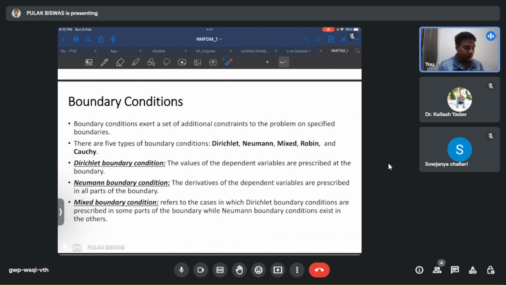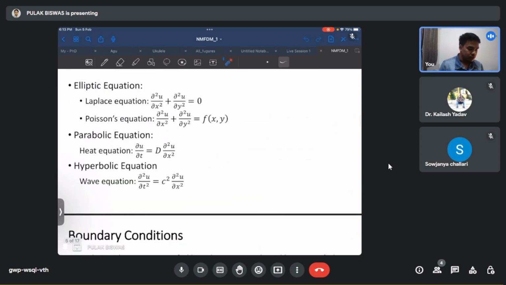For the Dirichlet type boundary condition, the condition is specified in terms of the value of the problem parameter at the boundary. So suppose this is the equation. For Dirichlet type, the value would be provided in terms of u.